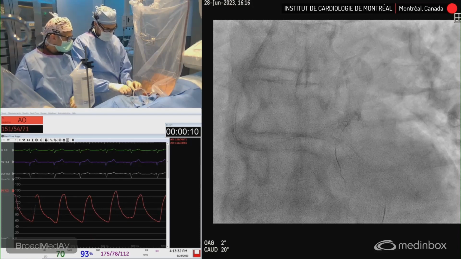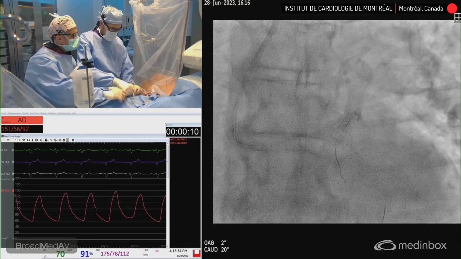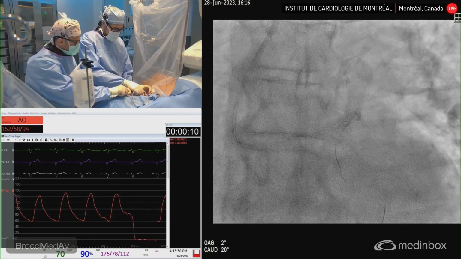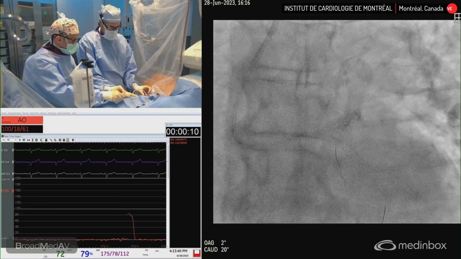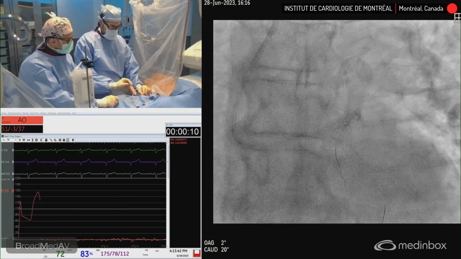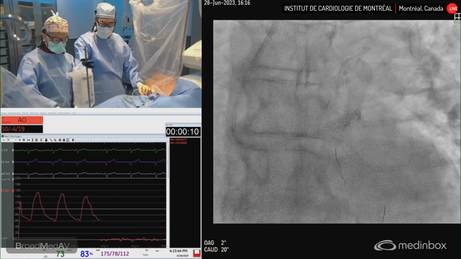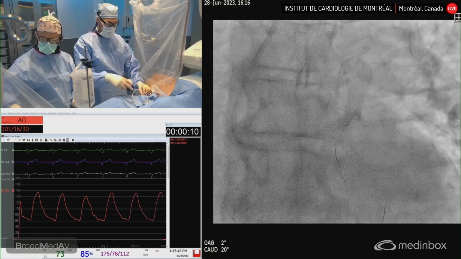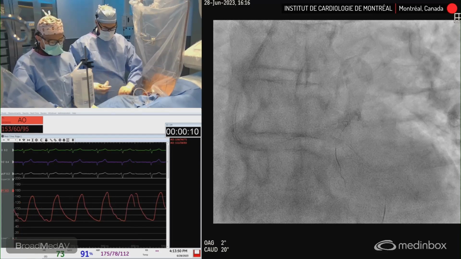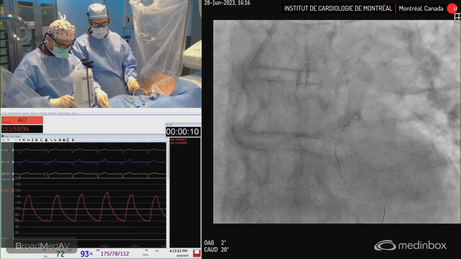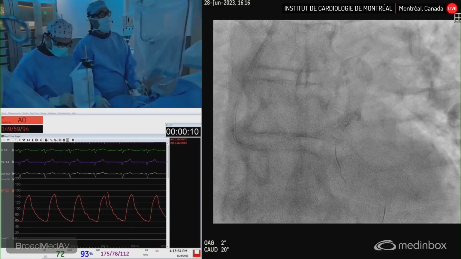The wire is leaving. Open the valve. Okay, all right, we'll take that IVUS. We'll advance it, go slowly, and I'll advance this also. Your wires are all a bit messy there.